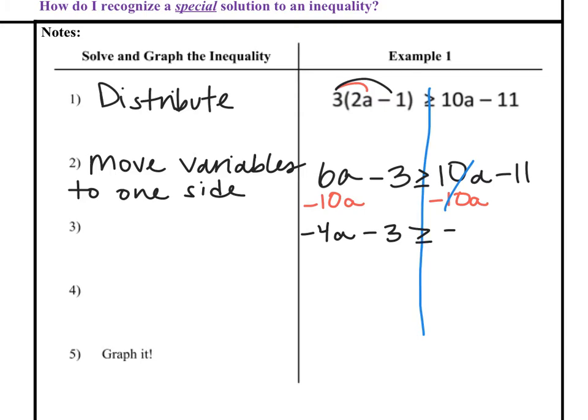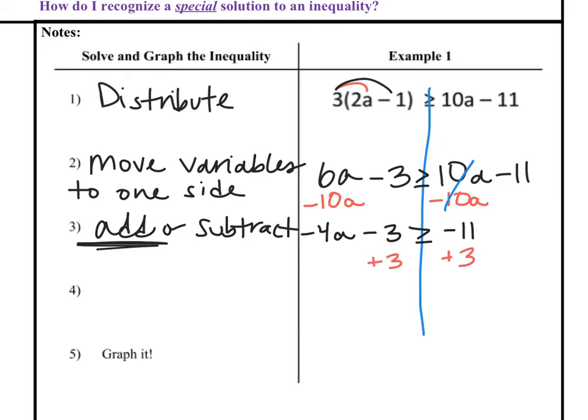And that's greater than or equal to -11. Next step, add or subtract. In our case, we are going to add 3 because it's subtracted, so that we get -4a is greater than or equal to -8.